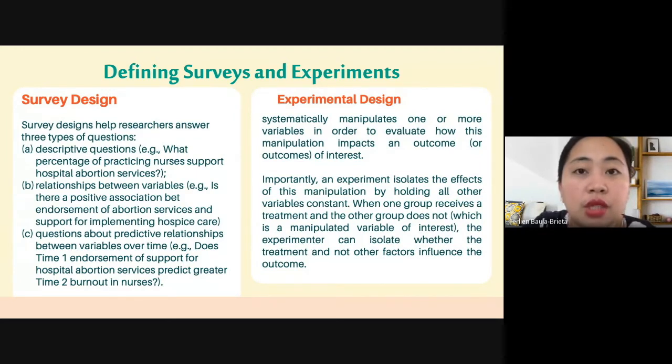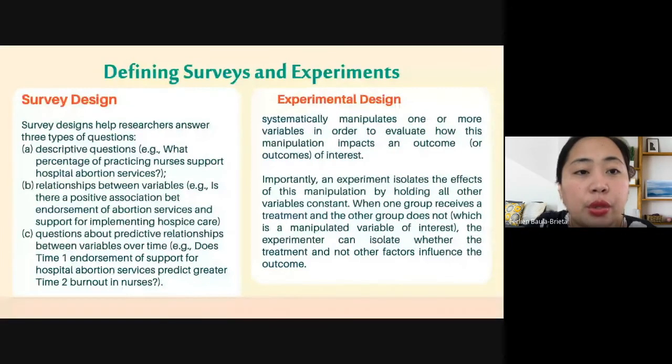So I believe this is present in some or majority of the studies, to test for relationship between variables. An example: is there a positive association between endorsement of abortion services and support for implementing hospice care? So that is a test for relationship.